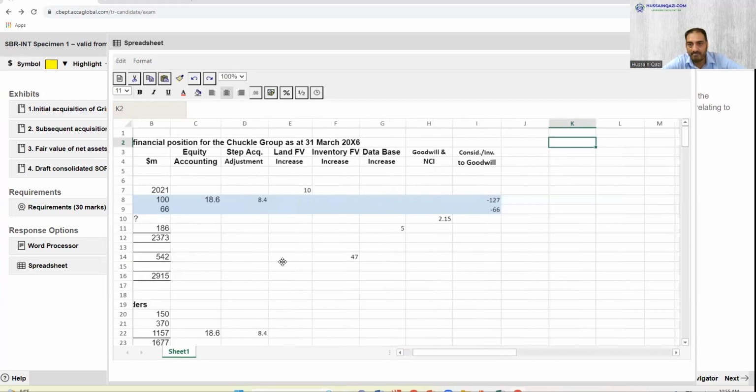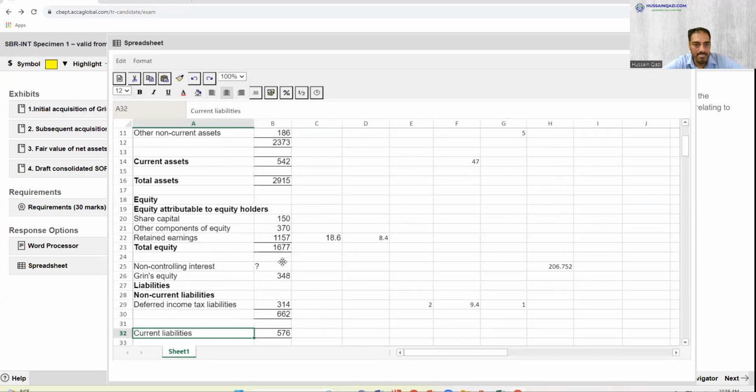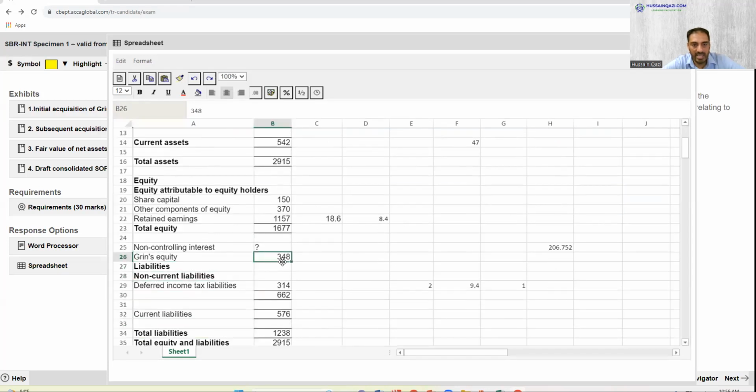So make a column, remove the subsidiary's equity.